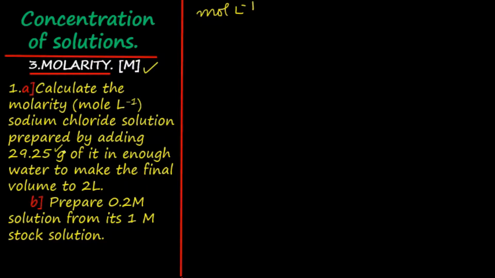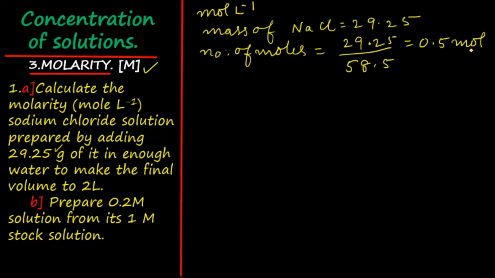How many moles are this? What is the method to find out the number of moles? Number of moles is equal to given mass divided by molar mass. So, number of moles present is 29.25 divided by 58.5, equal to 0.5 mole.